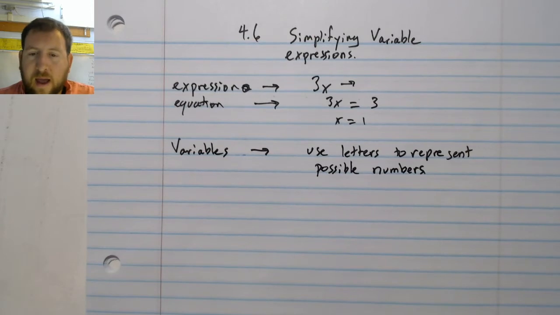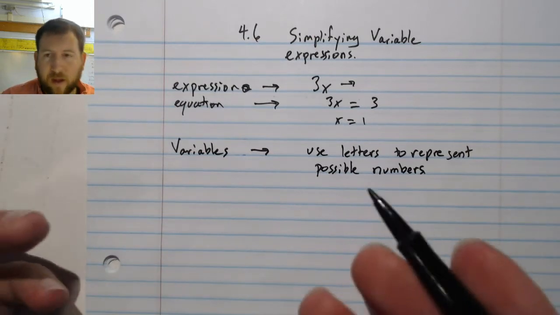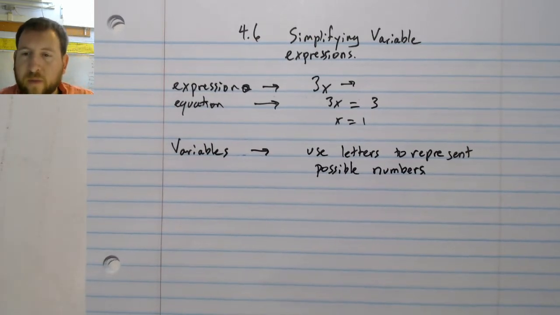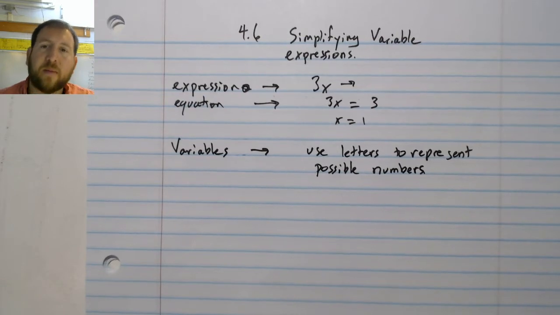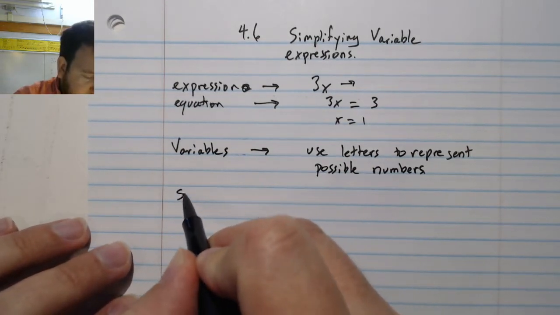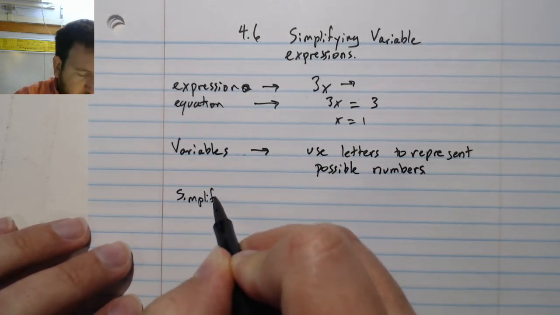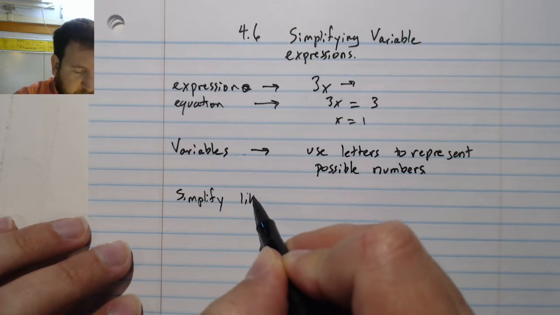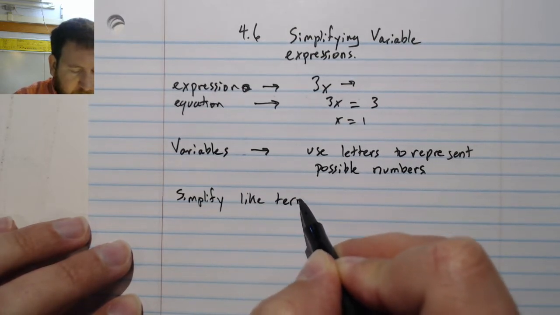And a variable expression is kind of the combination of all of these things. Now we're going to be talking about two more words in this case. We're going to be simplifying like terms.